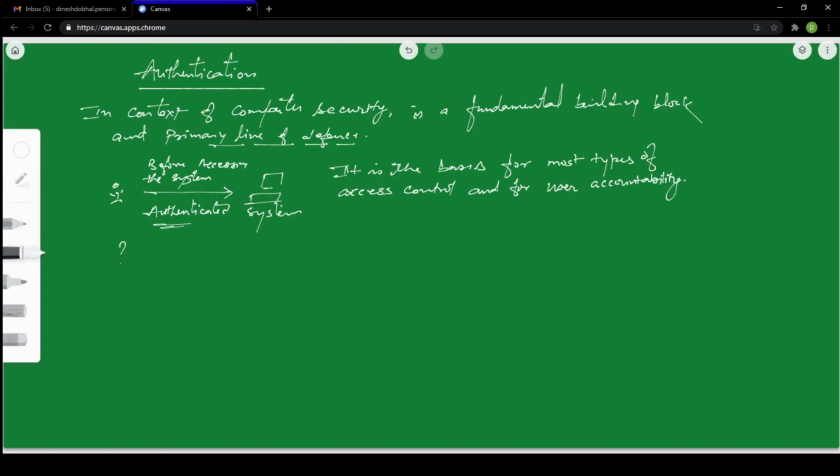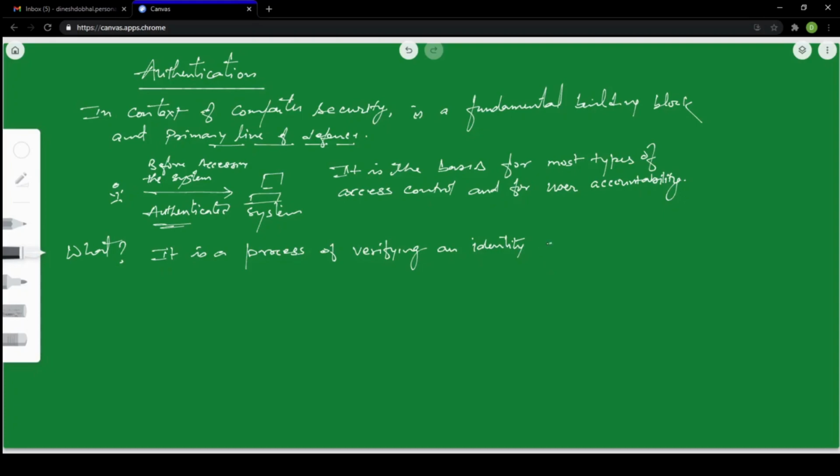But now the question is, what is authentication? It is a process of verifying an identity that is claimed by the user or for a system.